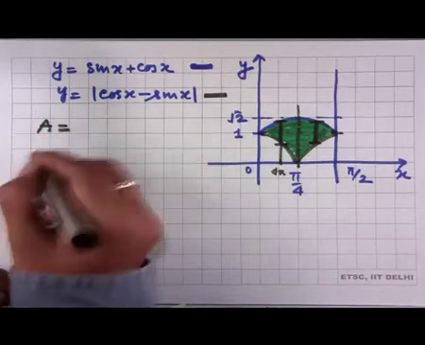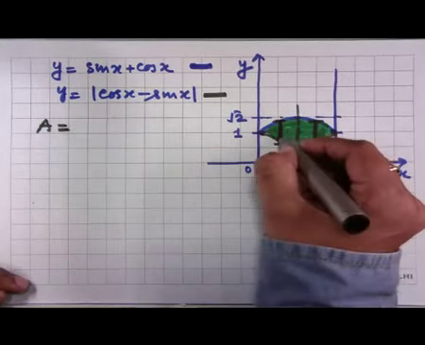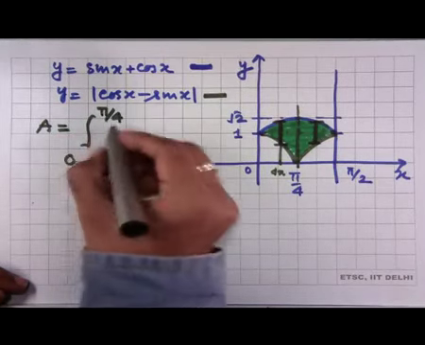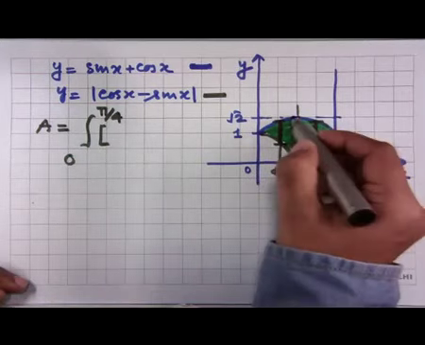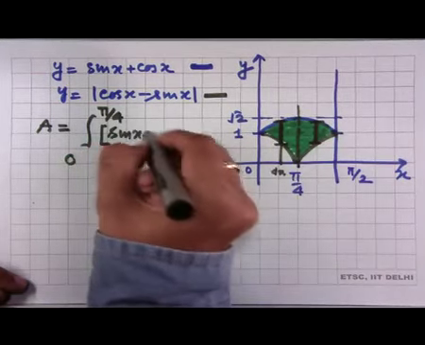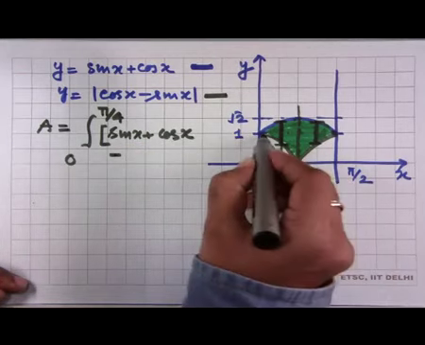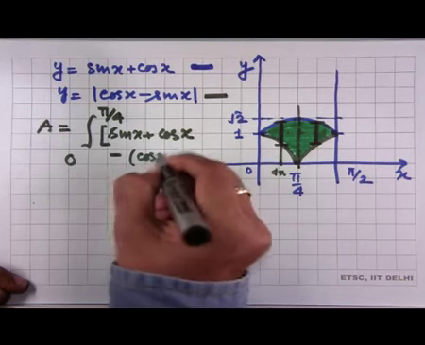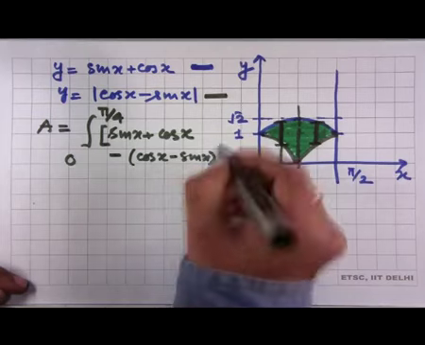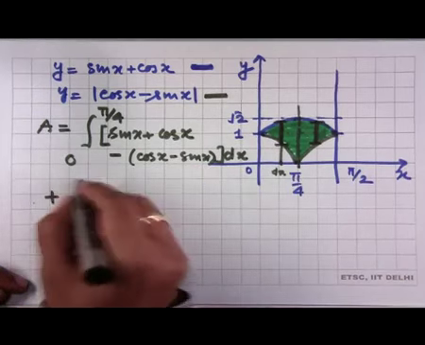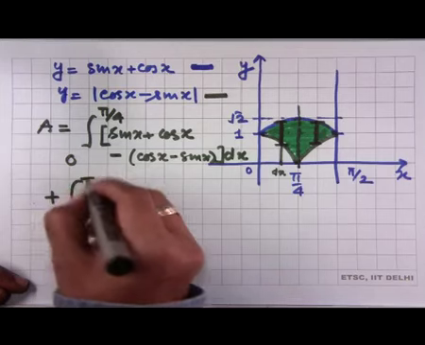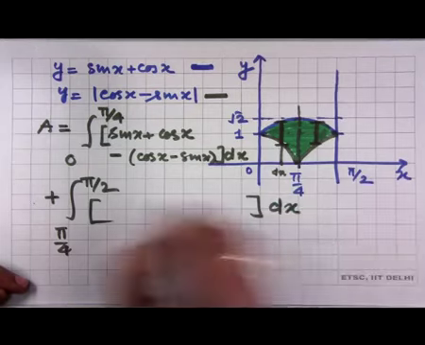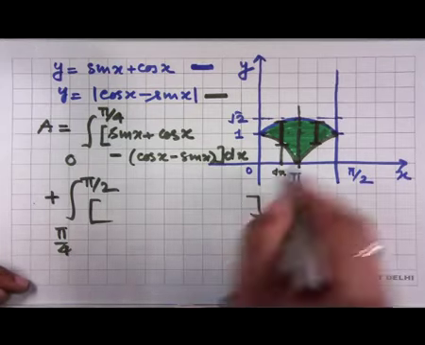So, total area required will be the elementary area from 0 to pi by 4. Elementary area is sin x plus cos x minus cos x minus sin x, dx, plus from pi by 4 to pi by 2, elementary area is this into dx, and what is this?